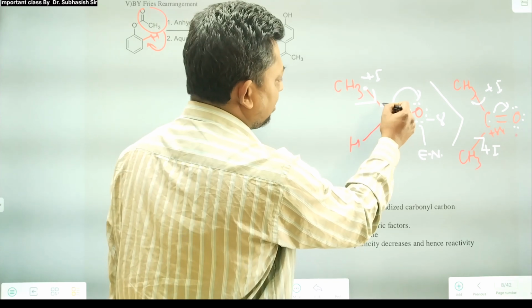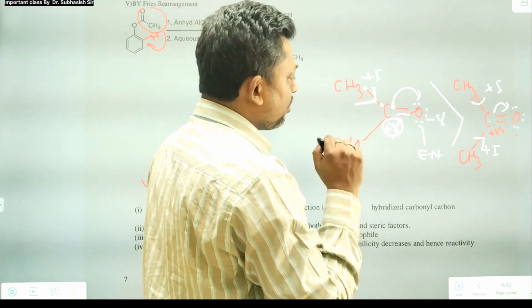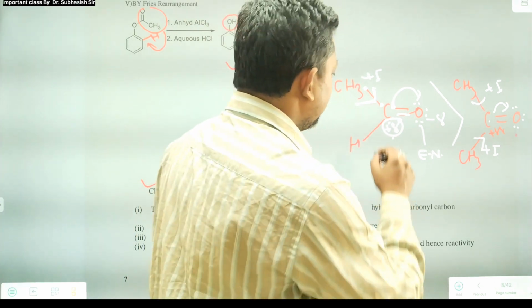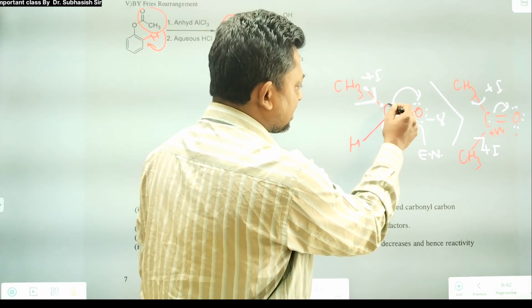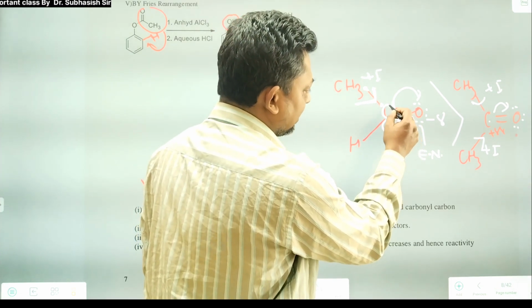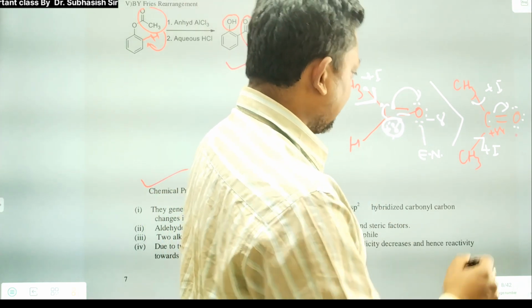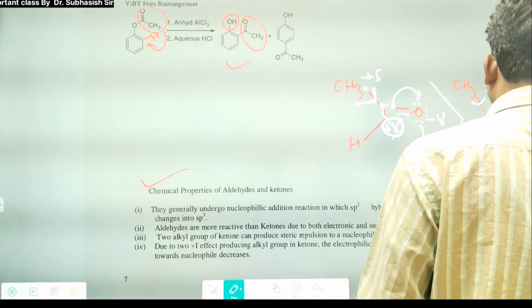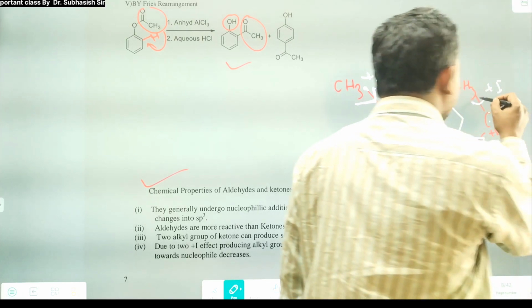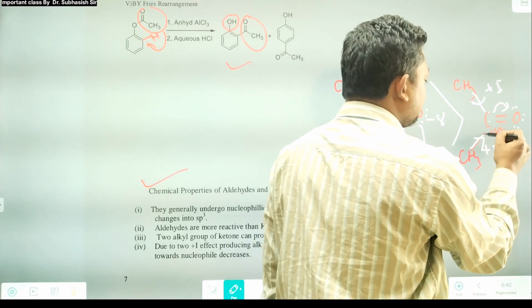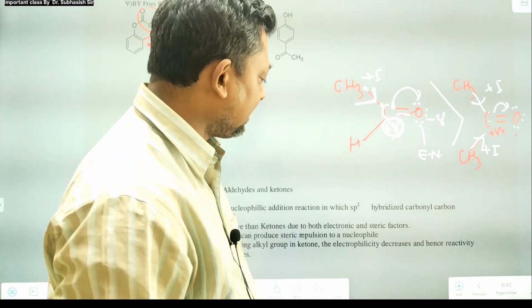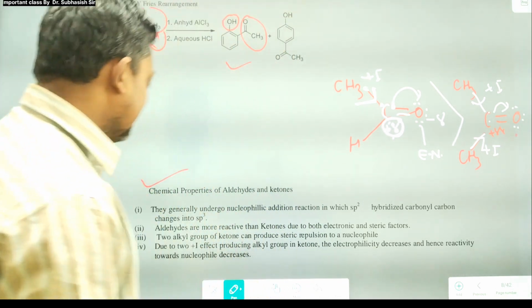It is an electron donating or electron pumping group, so this electron will be pumped to this carbon. As a result the plus charge will decrease. In ketone the plus charge decreases to a greater amount, because two plus I effect producing groups are present. So that's why aldehyde is much more reactive than ketone.